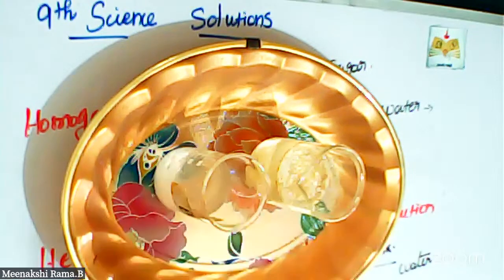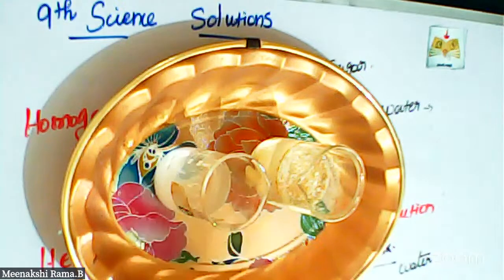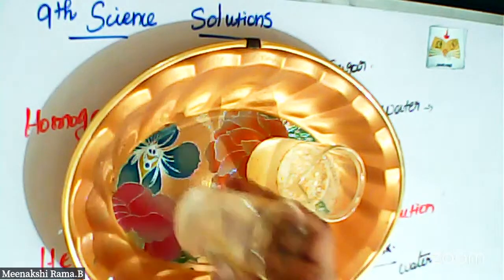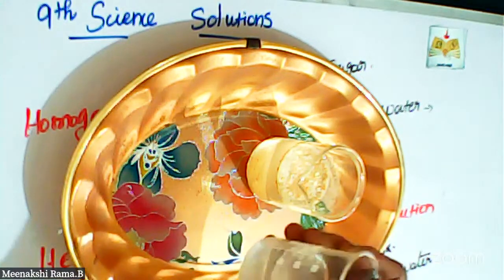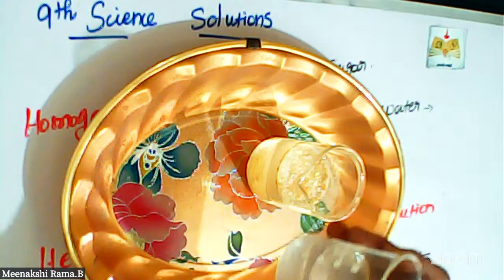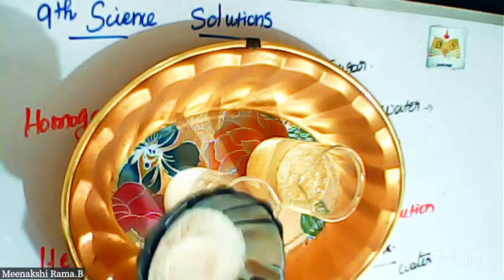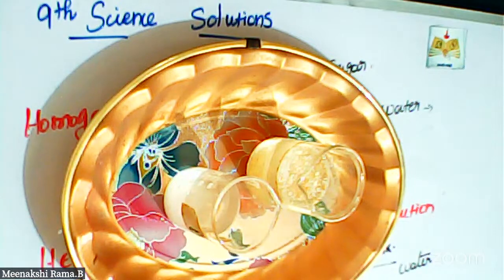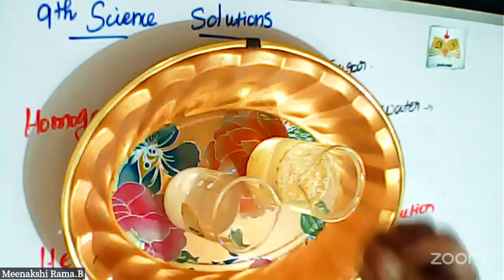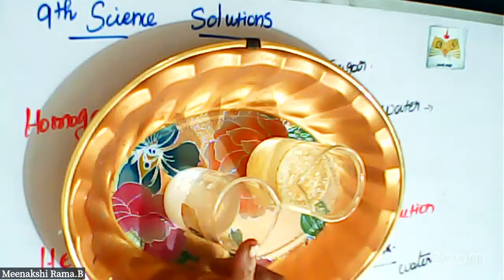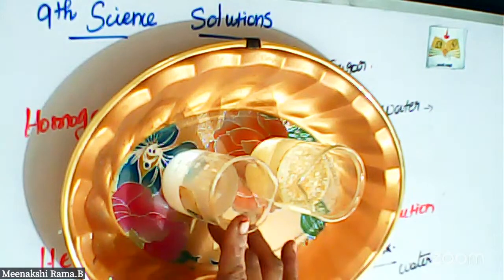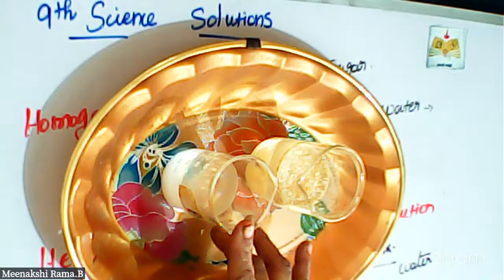So basically solution means large amount of solvent, that is water. Water acts as a solvent, salt acts as a solute. So this is solute. Just I add a pinch of salt only into this water. So this is called as homogeneous solution.